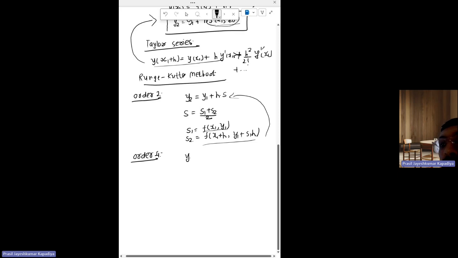It is the same, y2 is equal to y1 plus h into s. But here s is equal to 1 by 6 of s1 plus 2s2 plus 2s3 plus s4, and here my s1 is the same, f of x1 comma y1.